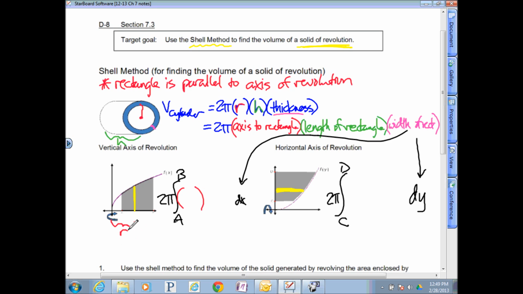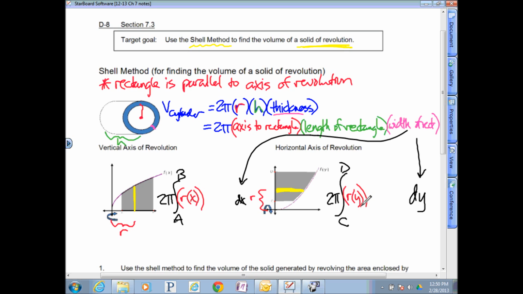That radius is going to be the distance from my yellow rectangle over to the axis I'm revolving around. I'm just going to call that for right now r of x, because I want that radius in terms of x. And over here, the radius is going to be that distance, so I'm going to call that the radius in terms of y, or r of y.